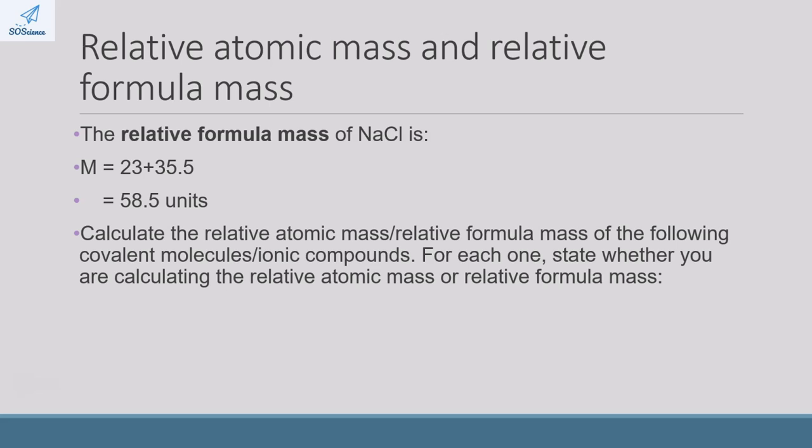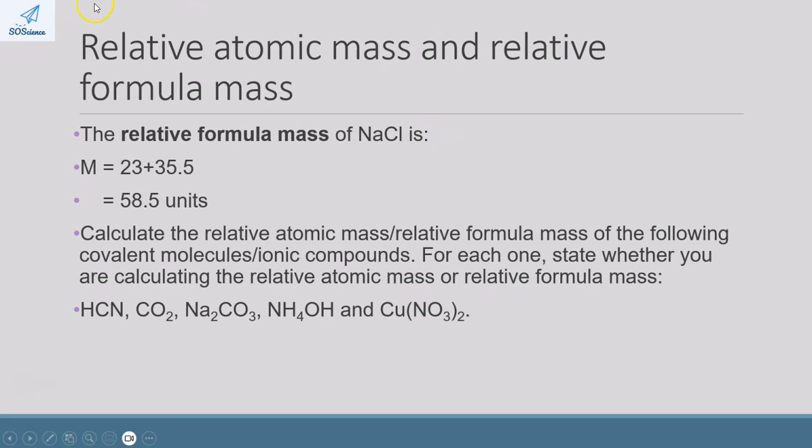So now we can try to work out the relative atomic masses or the relative formula masses of different covalent molecules or ionic compounds. And for each one, you just need to state whether you're working out the relative atomic mass, which would apply to covalent molecules, or the relative formula mass, which would apply to ionic compounds.